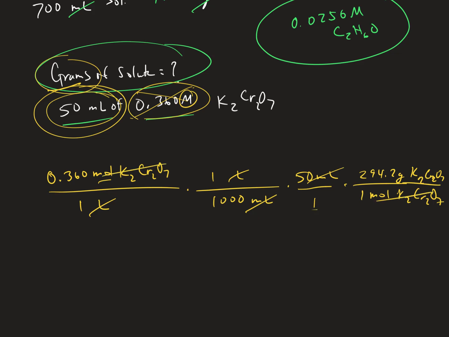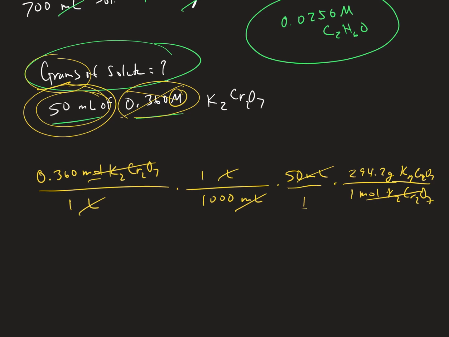That tells us we can stop converting, multiply and divide. And what do we get? 5.30 grams of potassium dichromate.